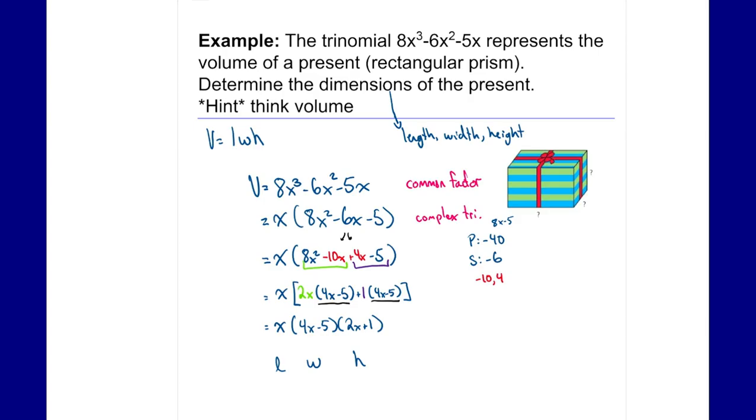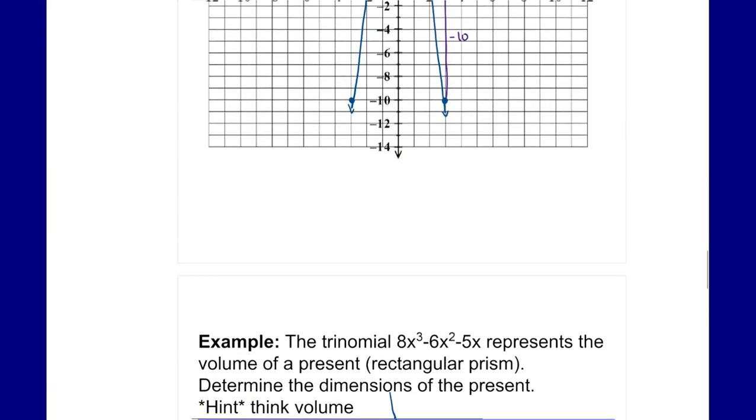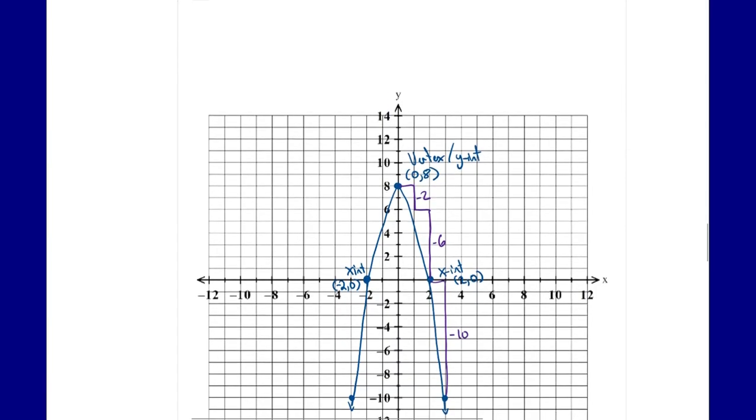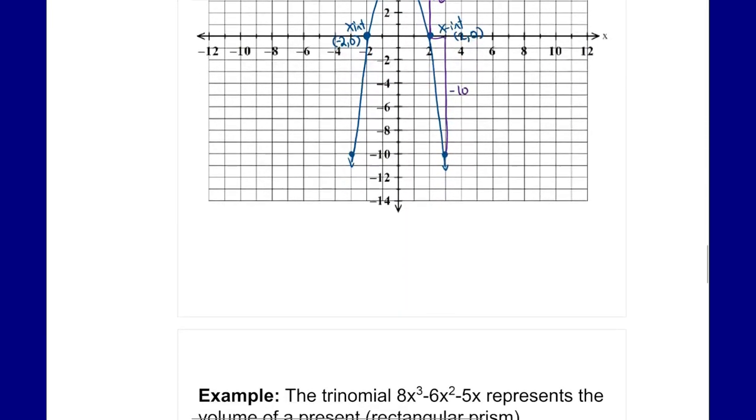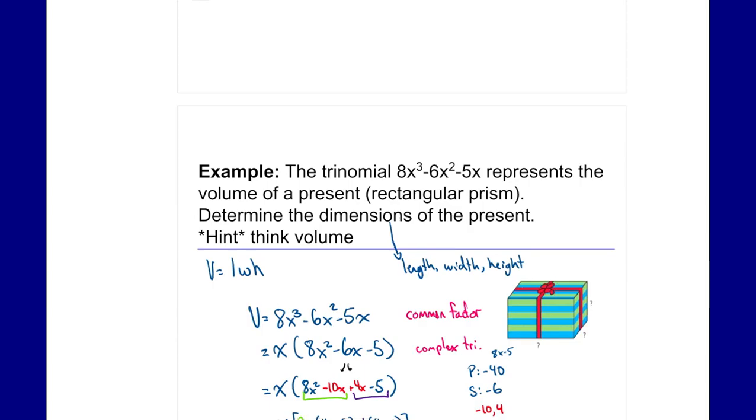Some applications of factoring: the primary one we're really going to be using is how to solve or find different values of our quadratic by converting our standard form back to factored form. But there are some applications as well, like we saw here. So make sure you understand how to factor different types of quadratic expressions, or expressions in general, because that is going to be important when we use it in these applications.